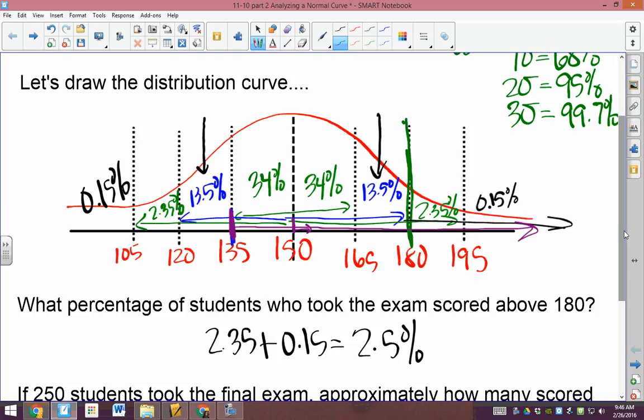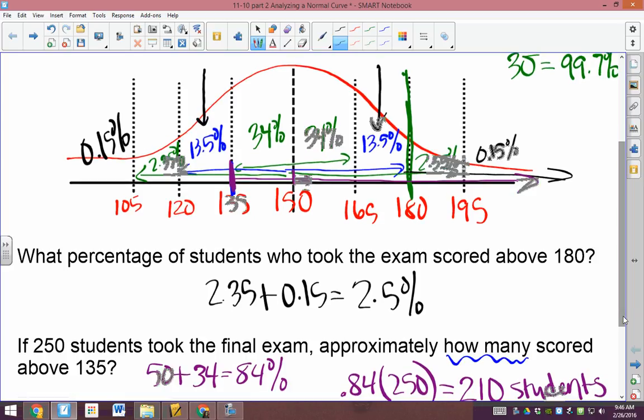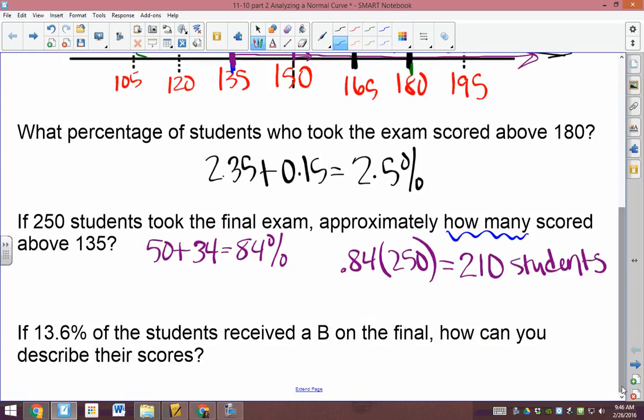Because this is normally distributed, all the grades are here: A's, B's, C's, D's, and E's. So I'm thinking the one to the right is the B's because that's a better score. Yeah, it's a higher grade, it's close to the A's. So she's talking about this chunk of data, but this question asks us to describe the score. So the range of the scores would be about 165 to 180.